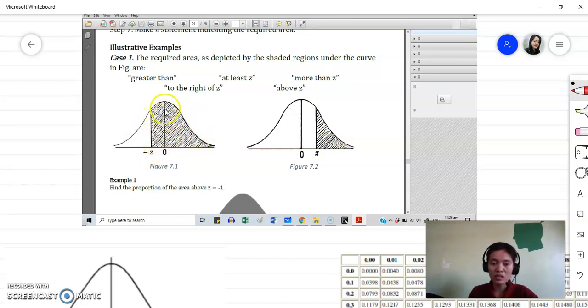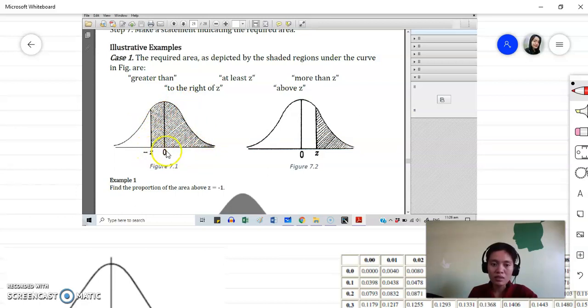You can see that it is much larger than this part, and it is more than 50%. This line here serves as the line that divides the normal curve into half, or divides it equally, 50 and 50%. So it is more than 50%.